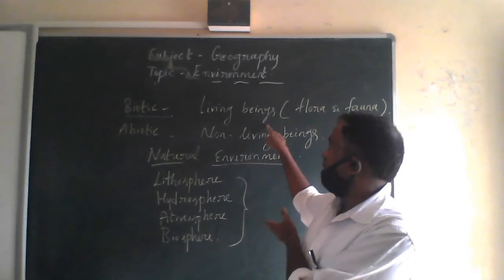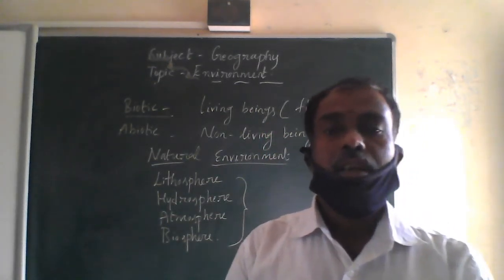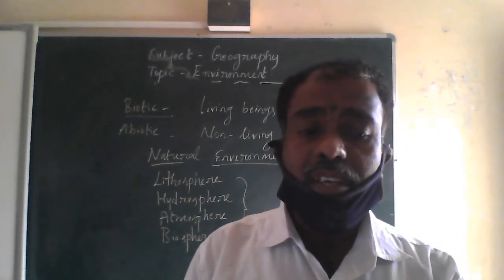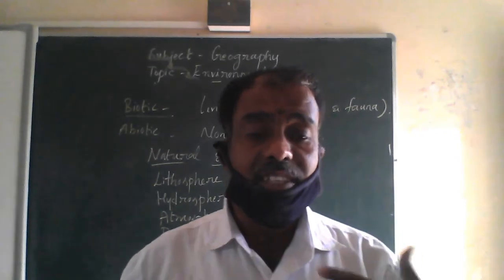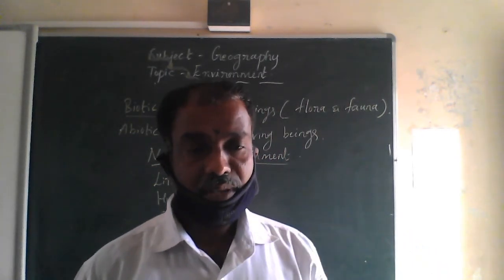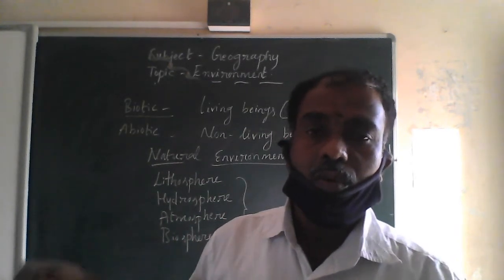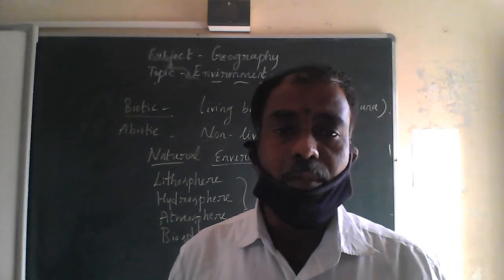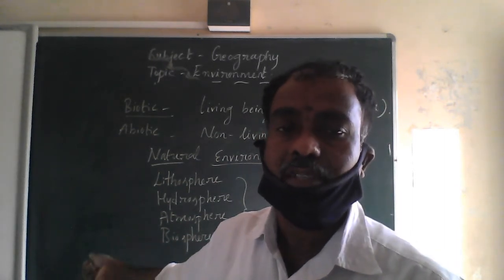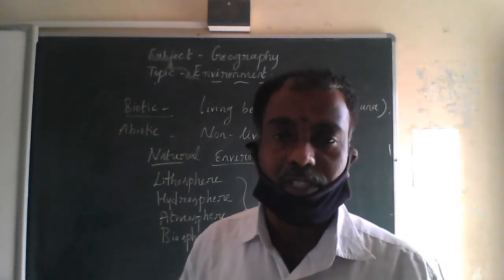Biotic means living beings and abiotic means non-living beings. The human environment reveals the activities, creations and interactions among human beings. In the next class we will learn more about the lithosphere, hydrosphere, atmosphere and biosphere.